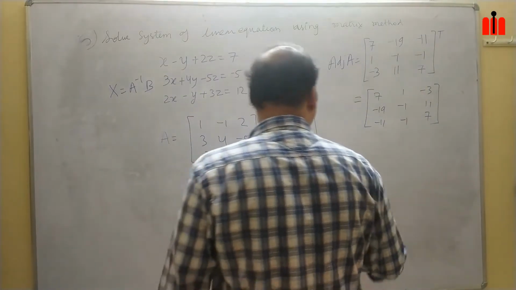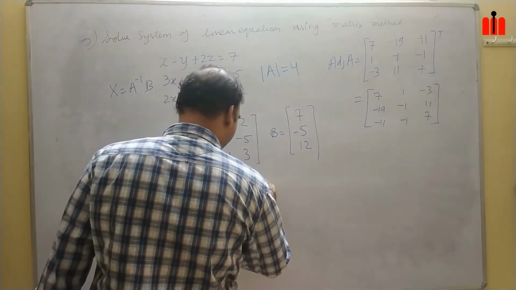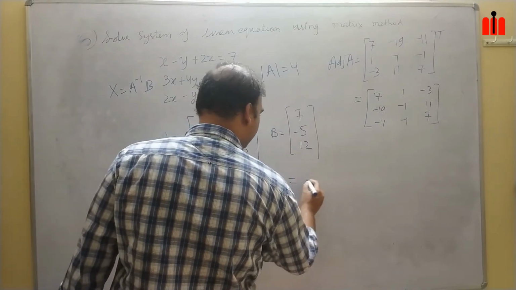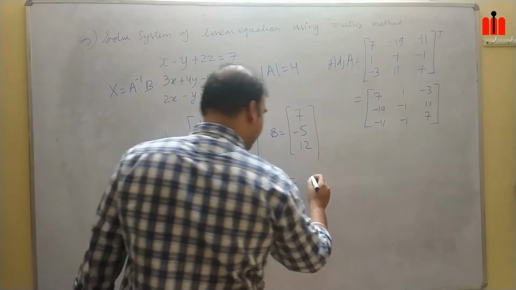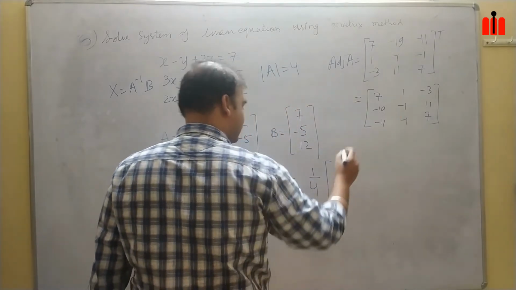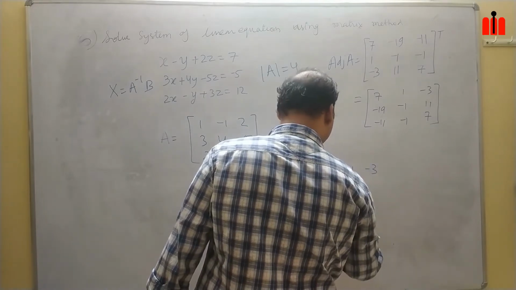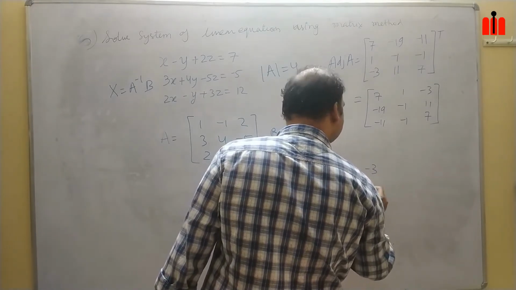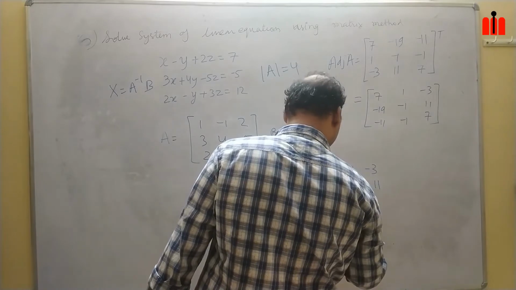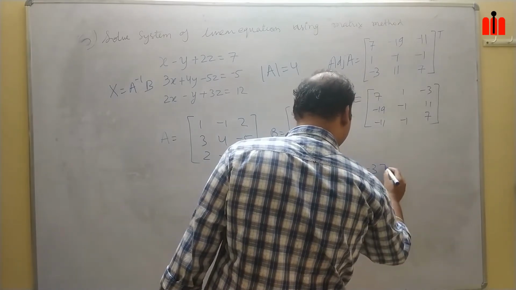What will be my A inverse? My A inverse will be 1 by determinant of A into adjoint A, meaning 1 by 4 into this entire matrix: 7, 1, minus 3, minus 19, minus 1, 11, minus 11, minus 1, 7.